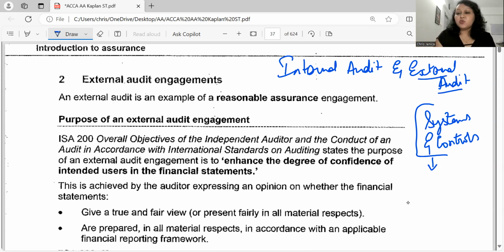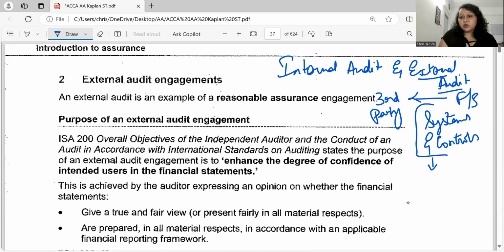External audit is where you are going to provide the assurance on the accuracy and reliability of the financial statements of the organization. So this is going to be carried out by a third party to the organization. I discussed with you regarding the need for an audit.